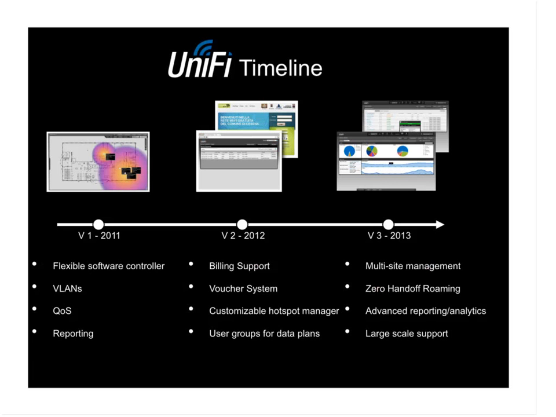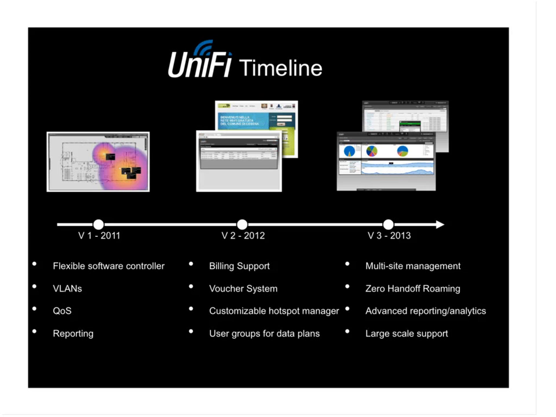Now, we're going to turn our attention to the UniFi 3 platform. I'm going to get my co-presenter, Matt Hardy, revved up here in just a second. But just to give you a quick timeline, the UniFi 1 platform was introduced in 2011 and was really focused on basic enterprise-level, controller-based wireless LAN capabilities, and had the important foundation capabilities: VLANs and QoS and some basic reporting, et cetera.